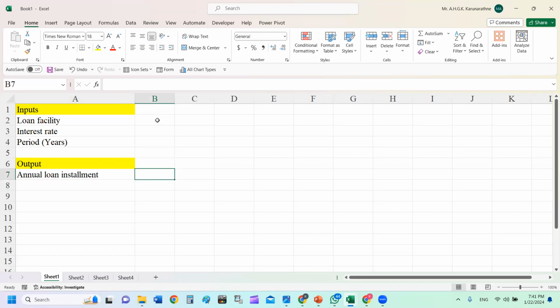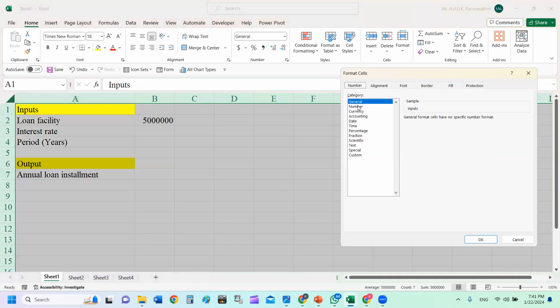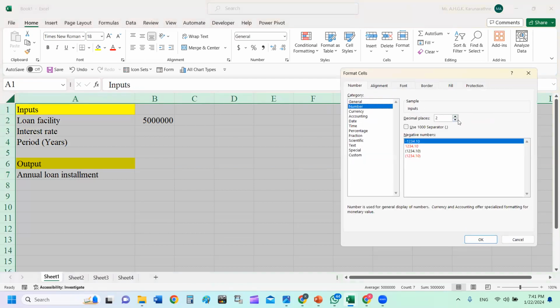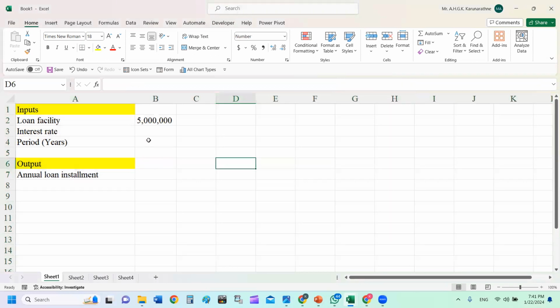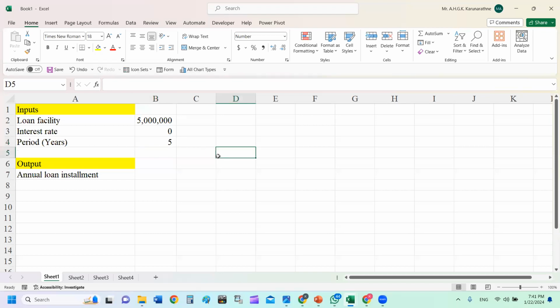Let's assume some hypothetical figures. Let's assume we want to borrow a 5 million loan. Let's assume the interest rate is 18%, and the repayment period, the loan period, is 5 years.